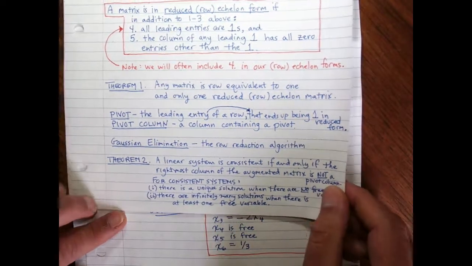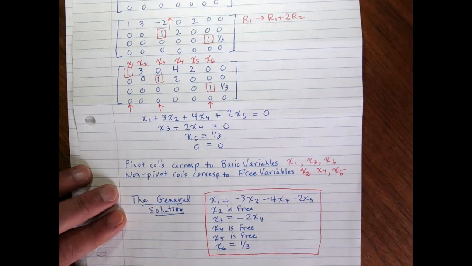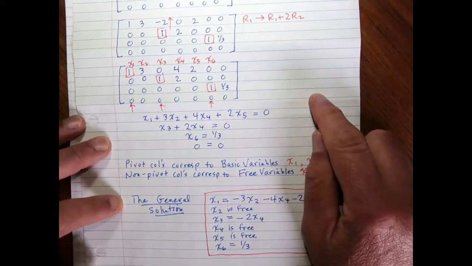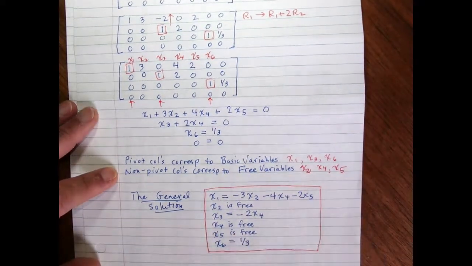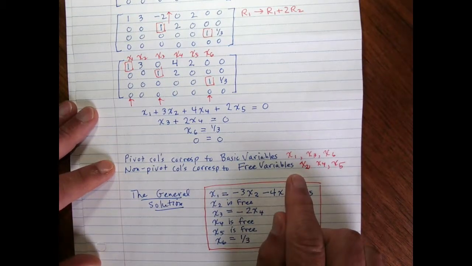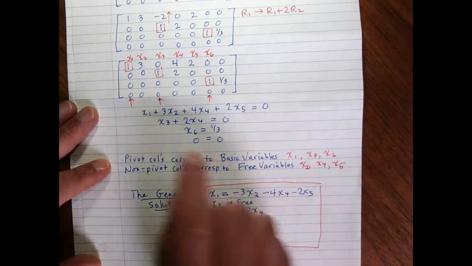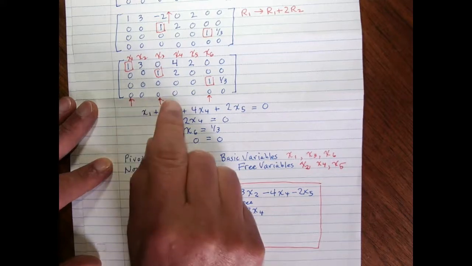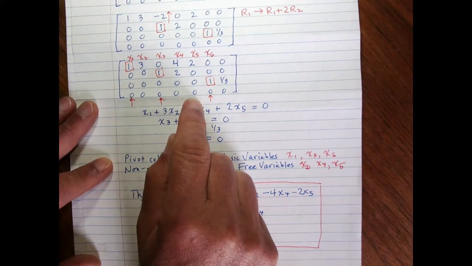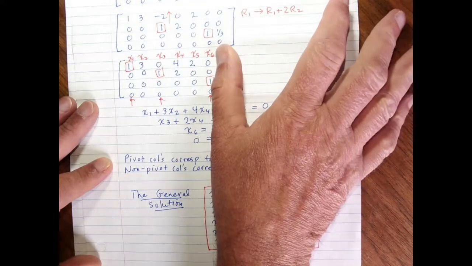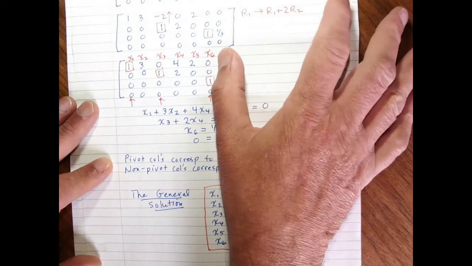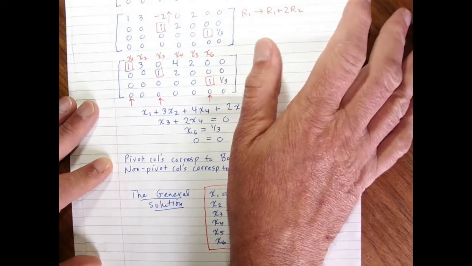In this example, there are infinitely many solutions, and what the theorem says is that's because there are free variables. That means we've got some non-pivot columns in our reduced matrix. Don't count the last one because that doesn't correspond to any of the variables.